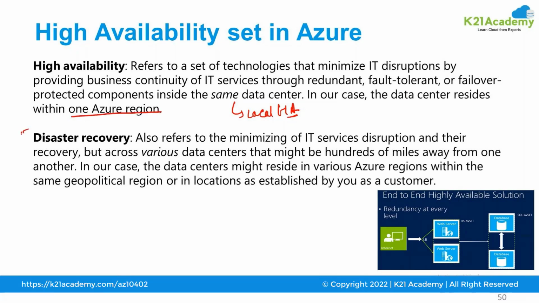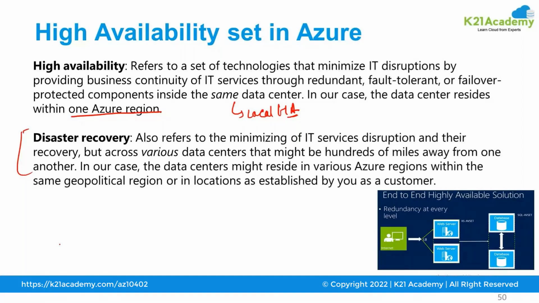When we are talking about disaster recovery, this is actually connecting your regional high availability with your disaster recovery. That also refers to minimizing IT services disruption and recovering, but across various data centers that might be hundreds of miles away from one another, right? So these two data centers are in two different regions, wherein we can fail over our services if one particular region itself goes down.